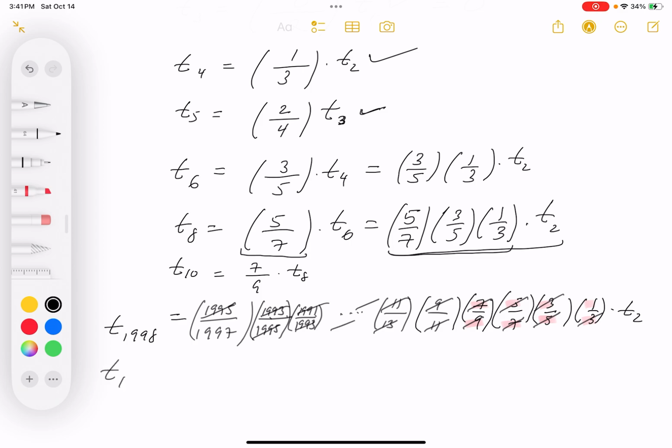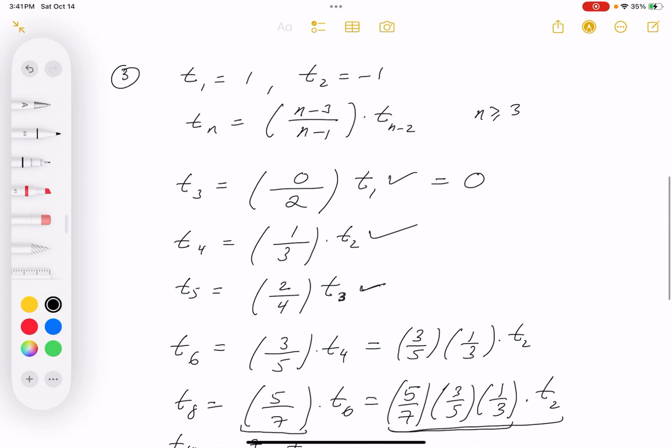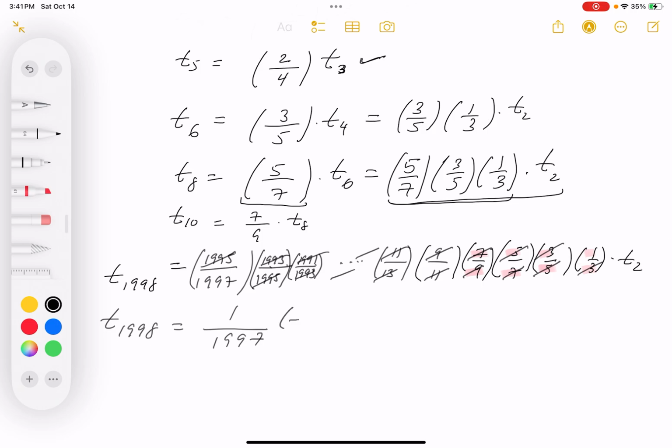T of 1998 is going to be 1 over 1997. And let's see what I'm left with. Oh, T2. Do I remember what T2 is? I don't think I do remember T2. If I go back up here, T2 is minus 1. So what do you get? Minus 1 over 1997. All right? Thank you.